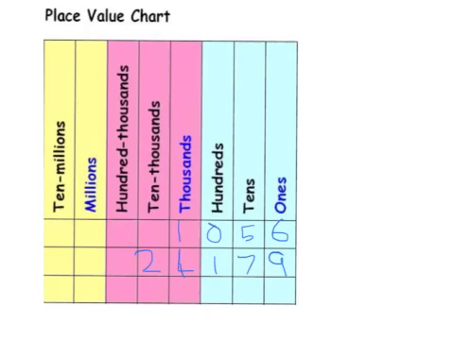Let's try another one. 1, 2, 1, 0, 0, 6. In this question, we've got 6 units. We don't have any tens. We don't have any hundreds. We've got 1,000.